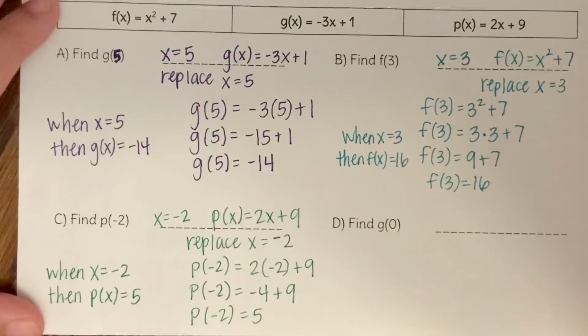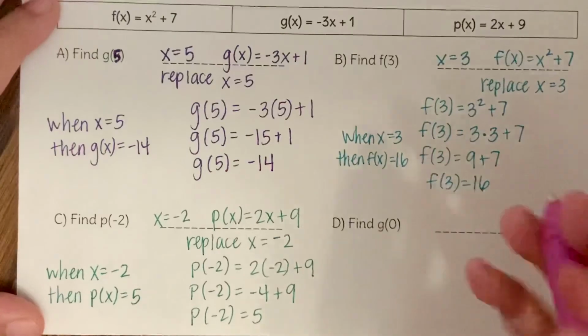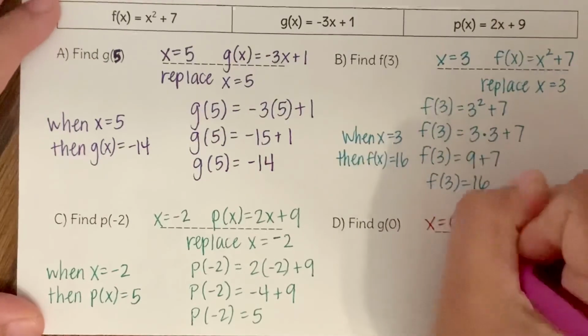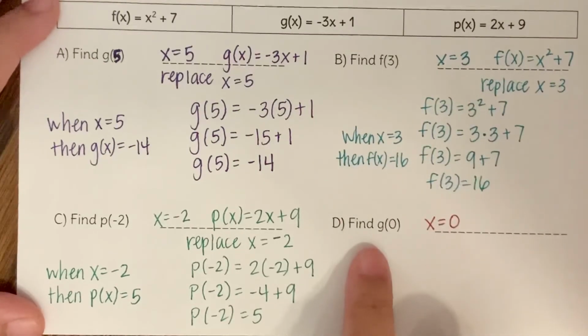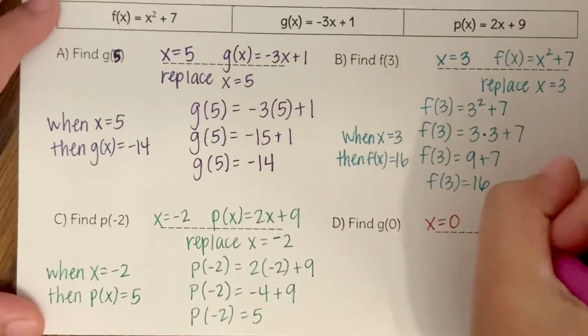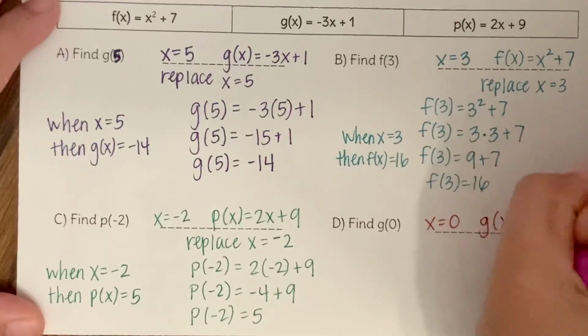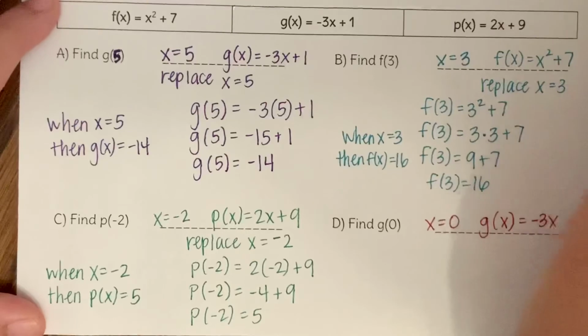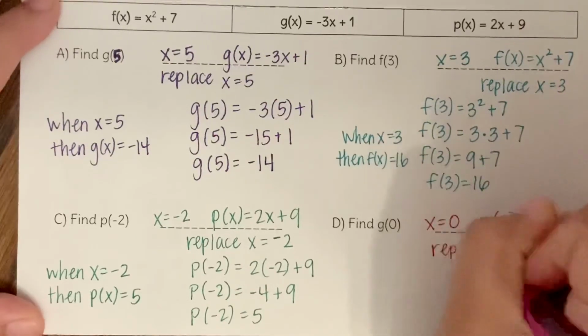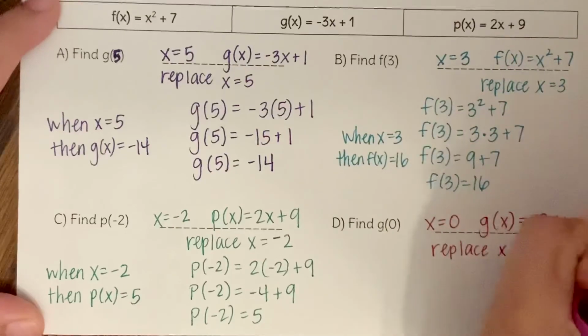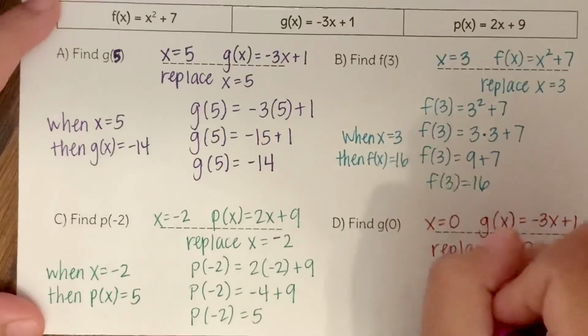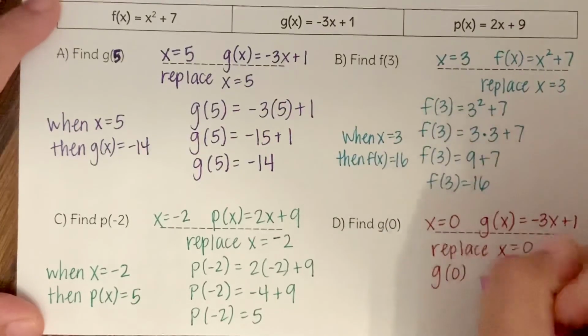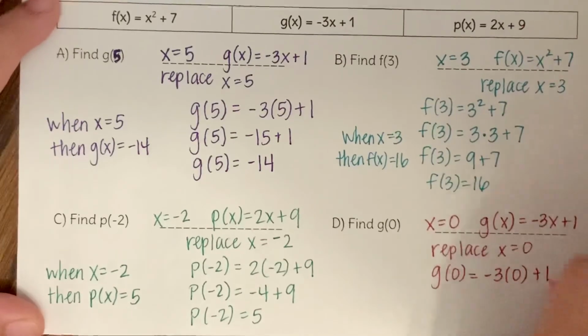And then for my final problem, if I have g of 0, that means that my x is going to equal 0, and I want to make sure to use my g function. So that's going to be g of x equals negative 3x plus 1. And I'm going to replace my x with 0. So that's going to become g of 0 is equal to negative 3 times 0 plus 1.